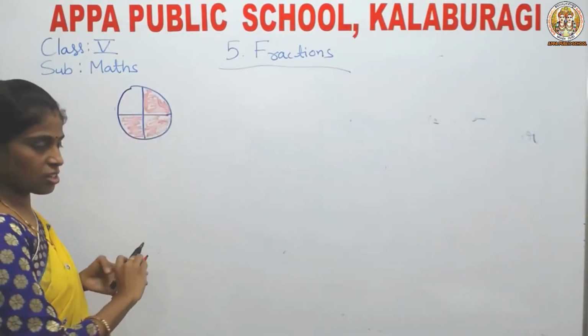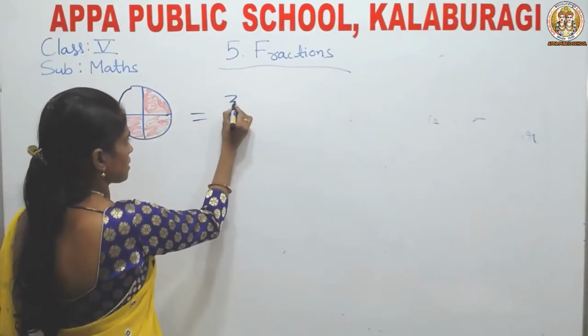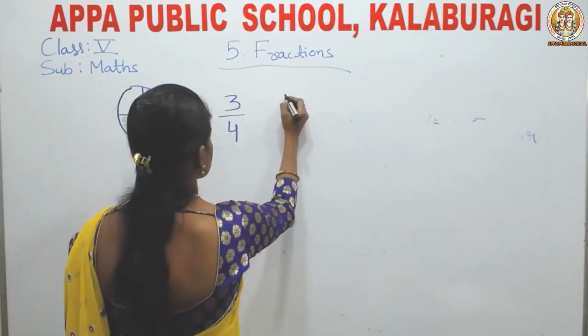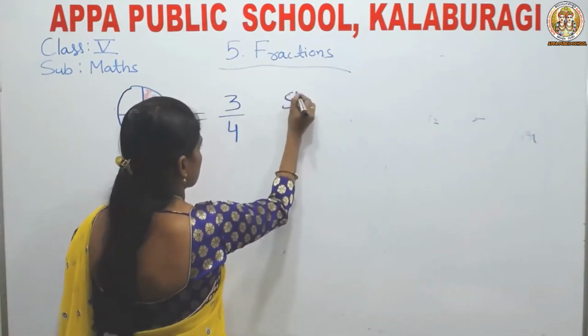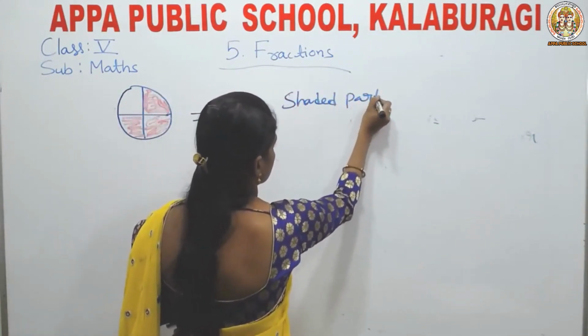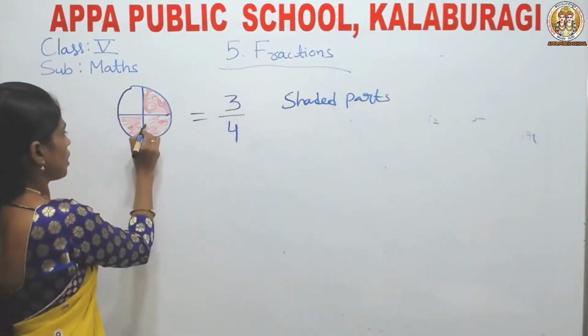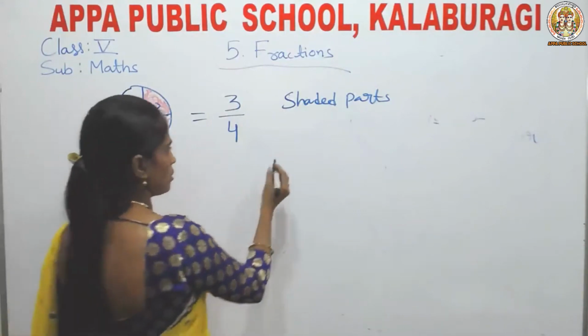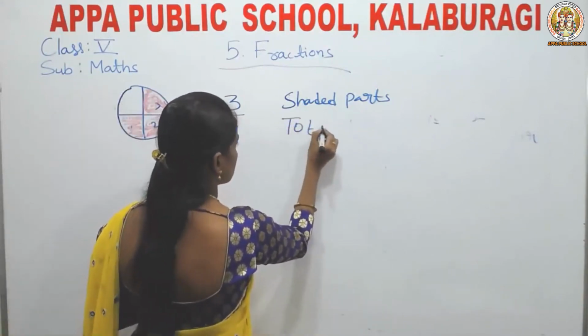What will be the fraction? That is 3 by 4. What does 3 mean? This is the shaded part. Here the shaded parts are 1, 2, 3. And total parts 4.